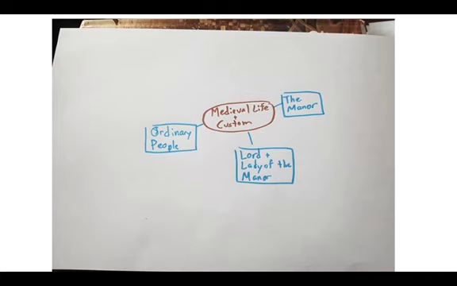When you're done that, try to do the next heading of this main section of the textbook called Medieval Life and Customs. So do the next heading, Lord and Lady of the Manor. Keep taking the notes for those two headings, right? I finished the first one. I want you to try to finish Ordinary People and Lord and Lady of the Manor.